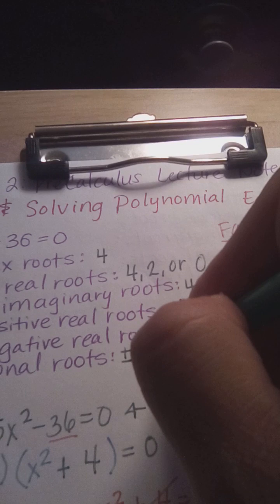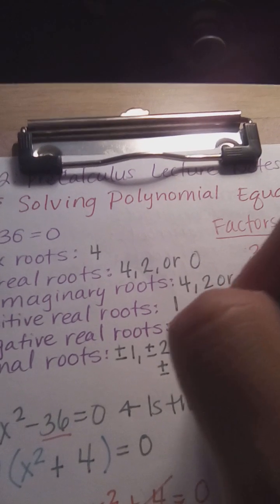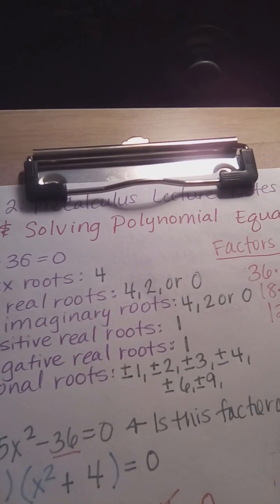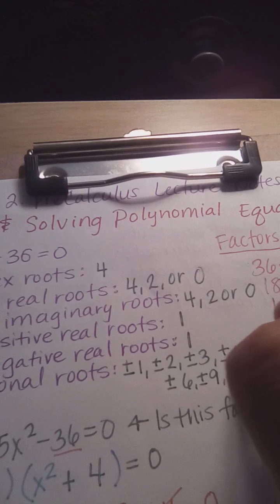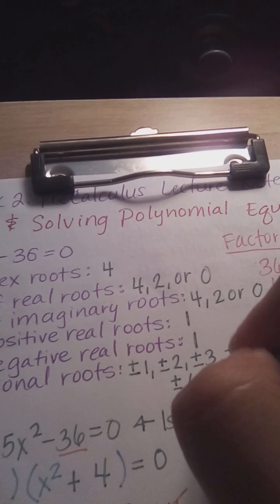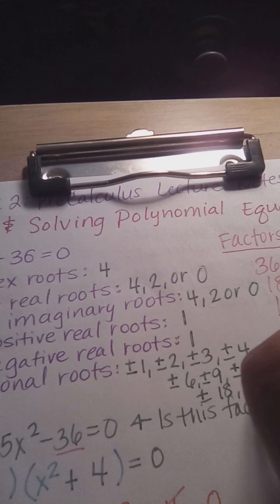Just go with the flow. Positive or negative 6, positive or negative 9, positive or negative 12, positive or negative 18, and positive or negative 36.